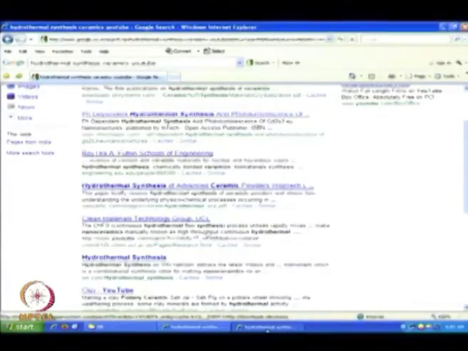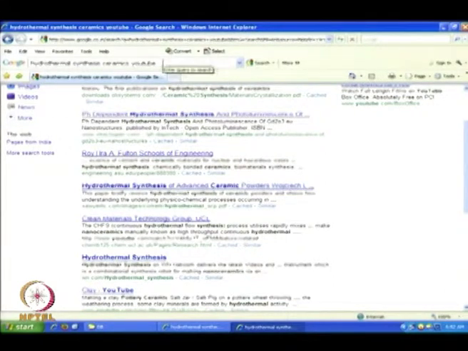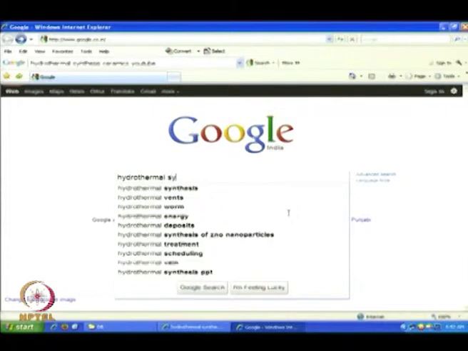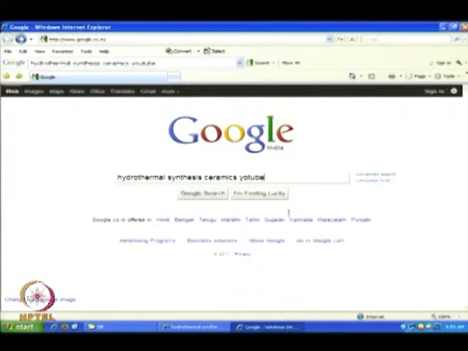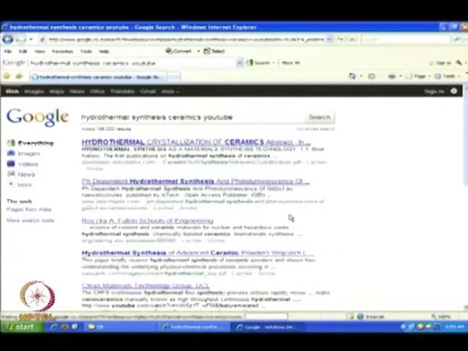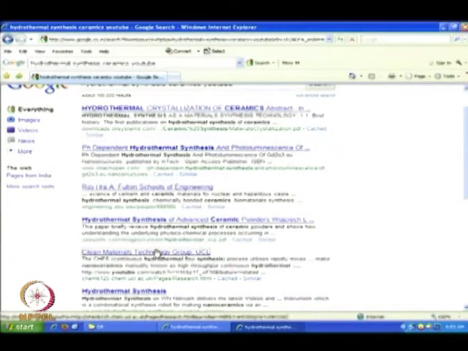But before I do, I would draw your attention to a particular slide. What I did was I googled hydrothermal ceramics, and this page comes up.